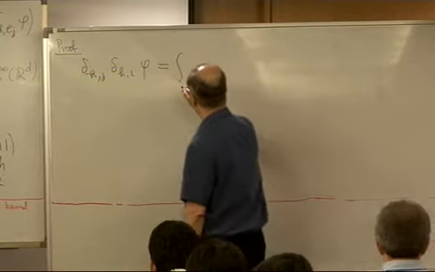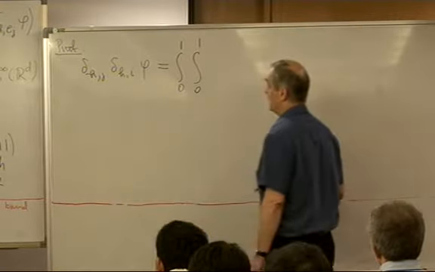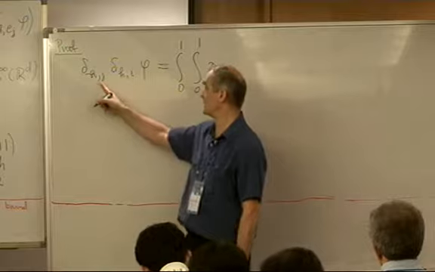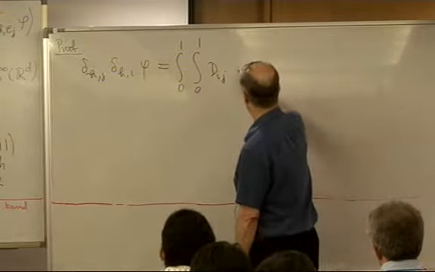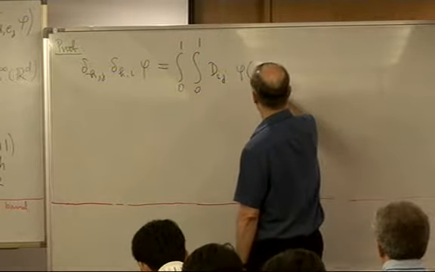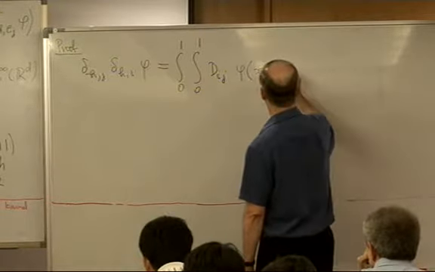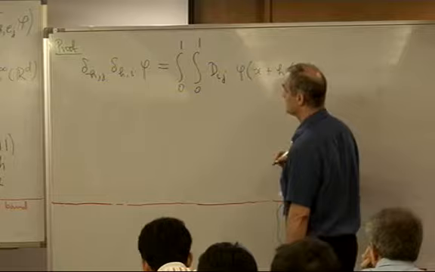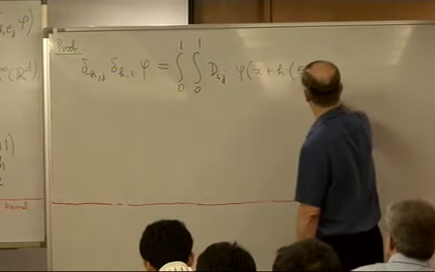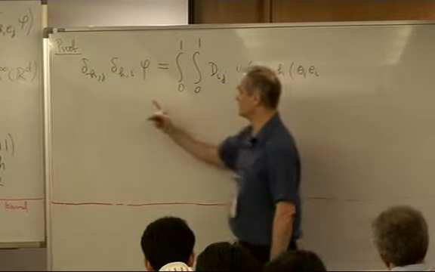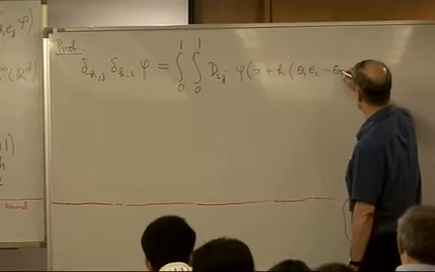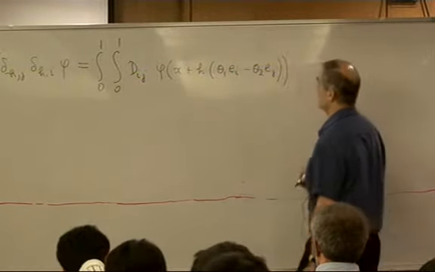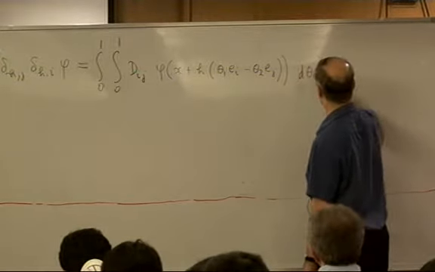When we put that together, that means two integrals, and then derivatives on phi in direction j, direction i, and then x plus h times theta 1 e i, and because here we have minus h, here we have minus theta 2 e j, with d theta 1 d theta 2.